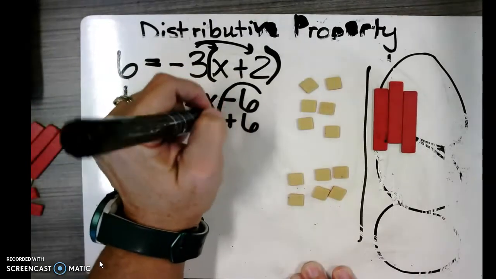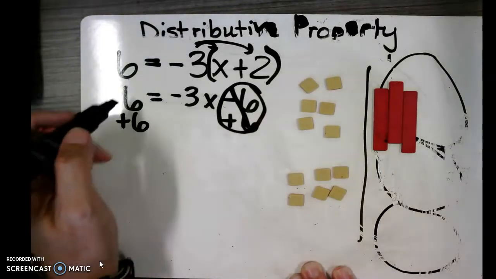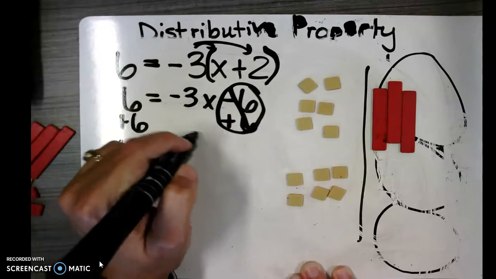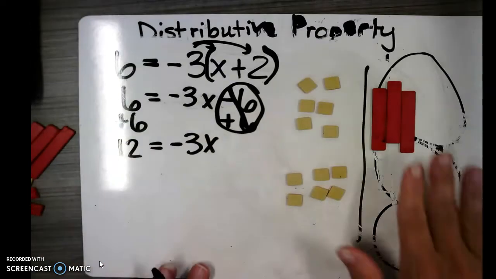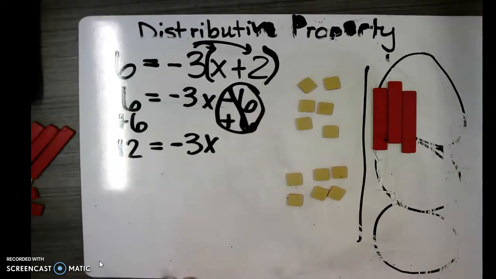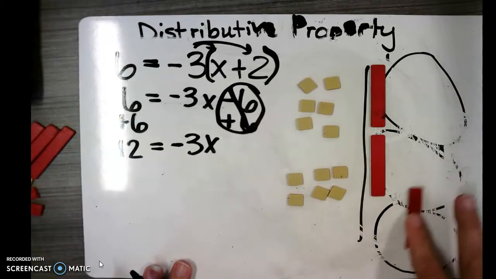That would 0 out, make that a 0. 6 plus 6 would combine to be 12, and that equals negative 3x. So now I need to isolate my x's even further. I have 3 of them. I need to know what 1x is.